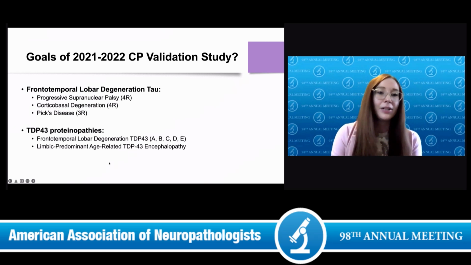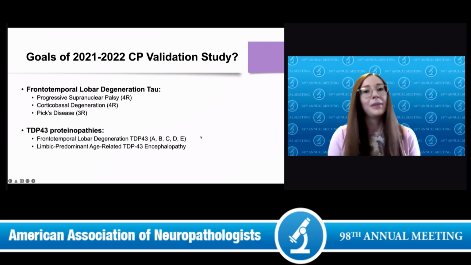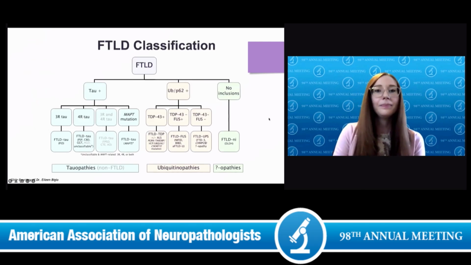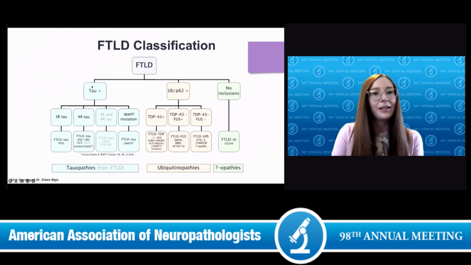We also wanted to assess the performance of our updated modified condensed protocol for the diagnosis of TDP proteinopathies. So this included FTLD-TDP and LATE. This is just highlighting the breakdown for FTLD classification. And so we essentially assess tau here, 3R for Pick's, 4R for PSP and CBD, and then here TDP-43.